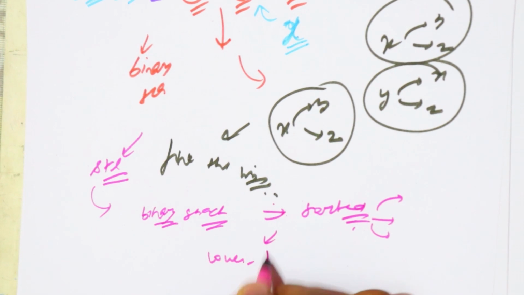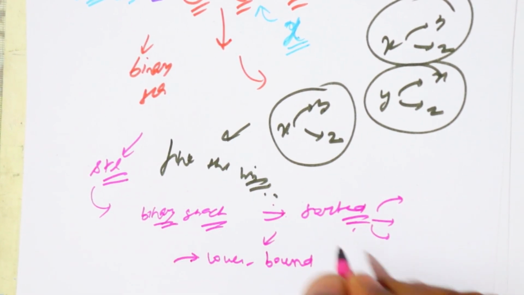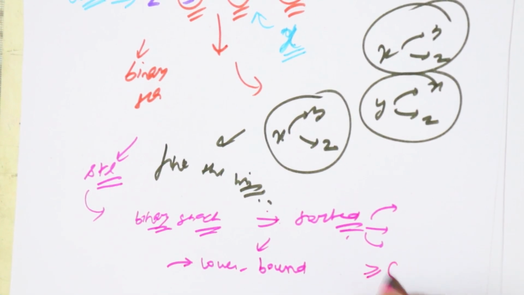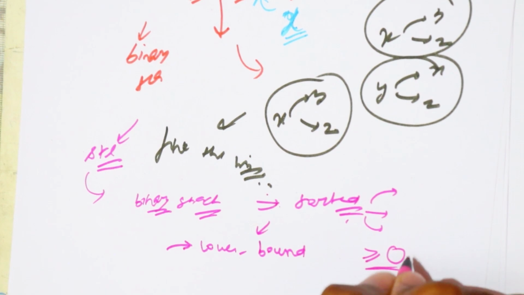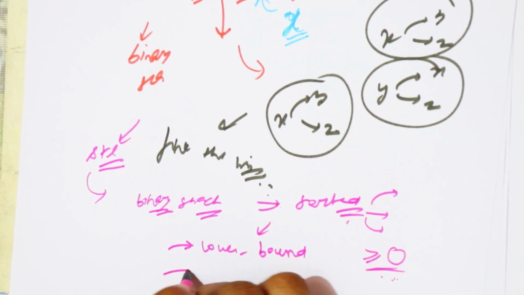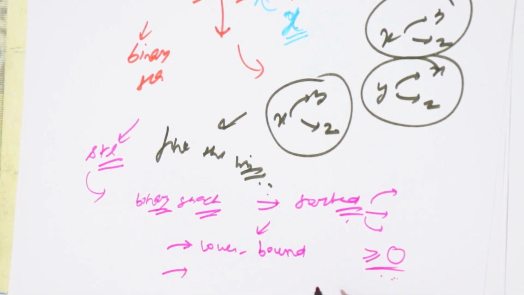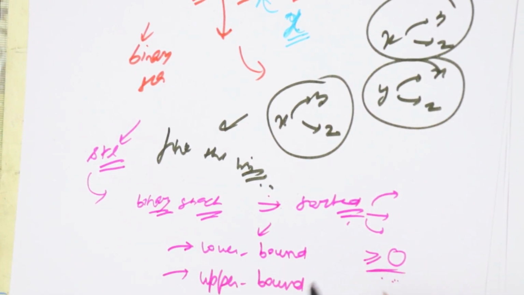lower bound. It gives an iterator to an element which is equal to or bigger than the required element. Now you might say, what are you saying man, what is this bigger and equal to? Let me finish it, I will explain it. And the upper bound also gives an iterator.